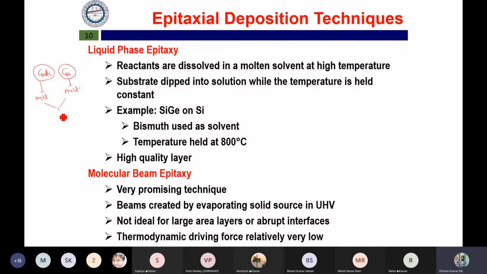This melt will be dissolved such that these are soluble chemicals, they dissolve into each other. Once dissolved, it is in the molten form, and then it is cooled.